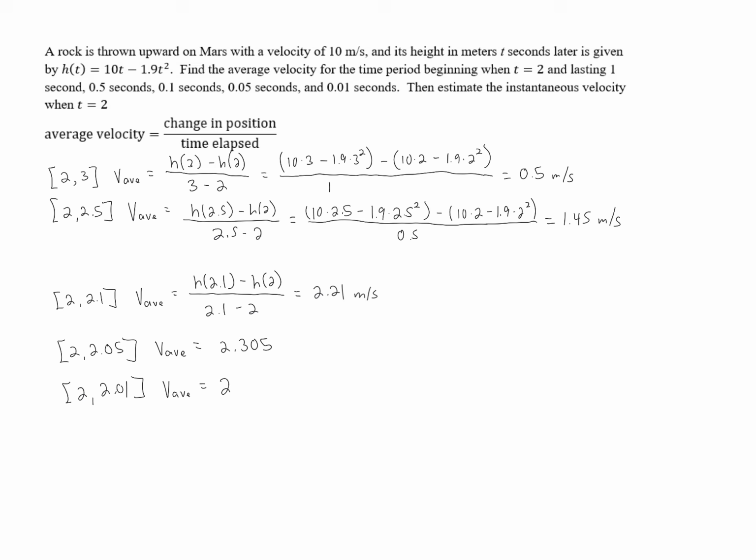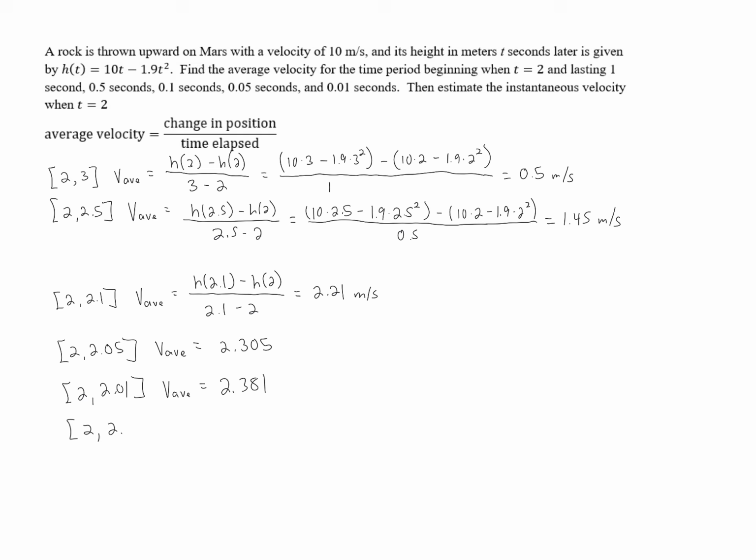When I do that, I get 2.381. And I'm going to be honest, I can't see exactly where this limit is going to stop. Because we started at 0.5 and we eventually got above 2: 2.305, 2.381. This is still a big jump, so I'm going to continue, which is what we do when it's not clear.